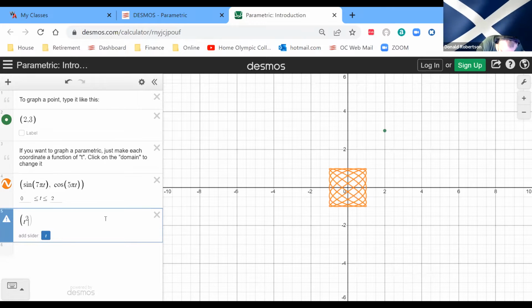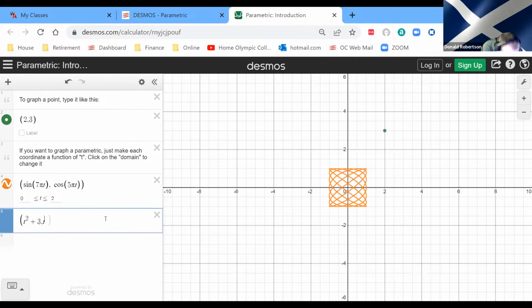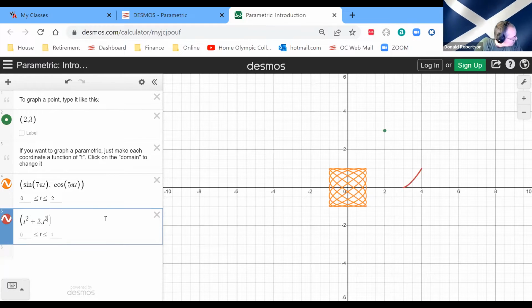T squared plus 3, comma, t cubed minus t. Put a little bracket.